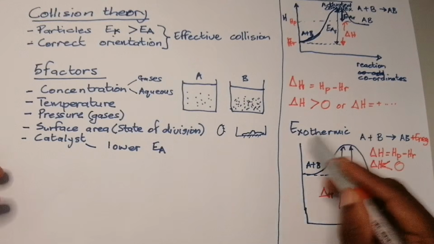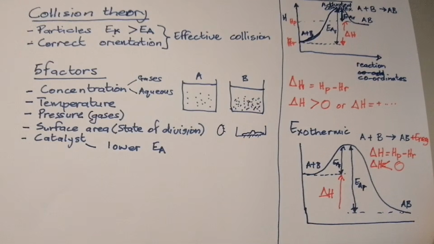So when it's an exothermic reaction, one of the examples is that of combustion when you start a car. All right, so after a while you'd feel that the engine of the car gets warmer, isn't it? But why is that?